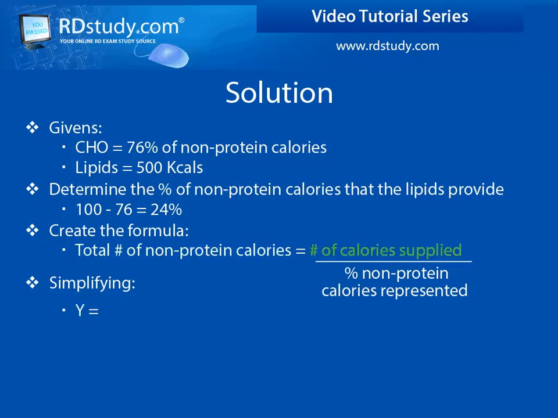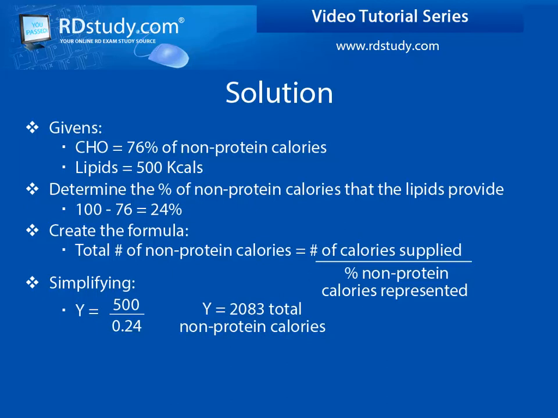Fill in the number of calories supplied, which is 500 and was a given for the lipids, as well as the percent non-protein calories that this represents, which is 24, or 0.24. This is the first value that we had solved for. Now, solve for y and you get the total non-protein calories at 2083.